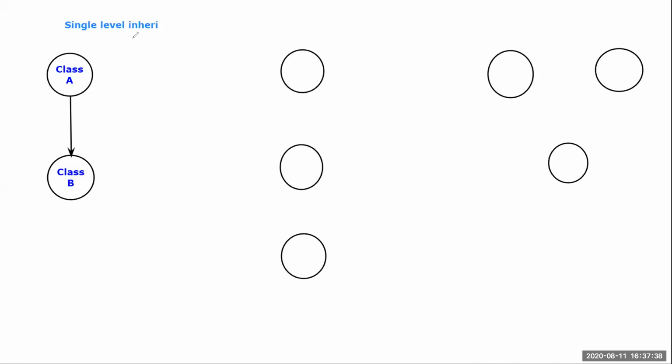So we have only two. We have passed A as a parameter to B. That is single level inheritance.